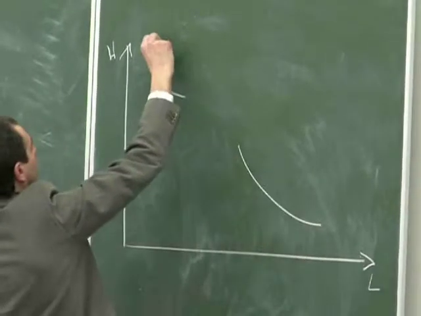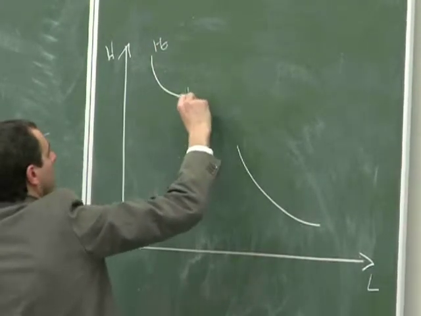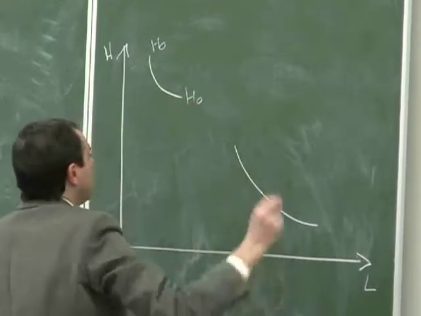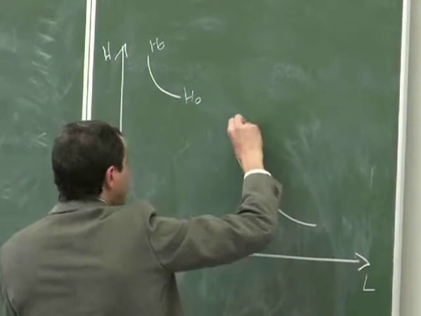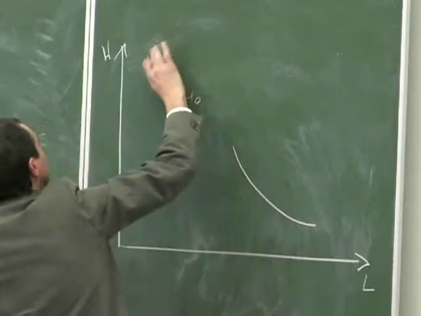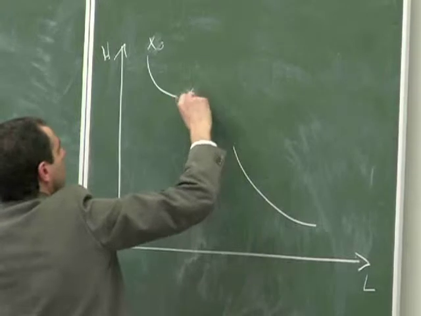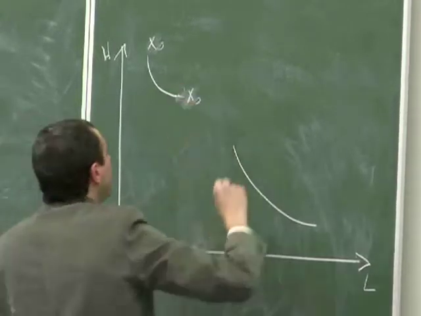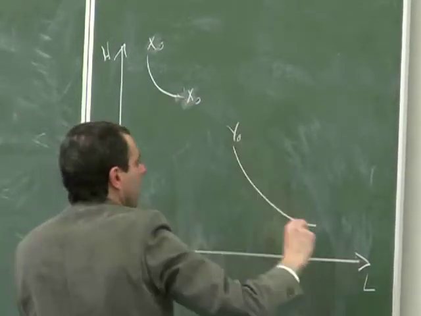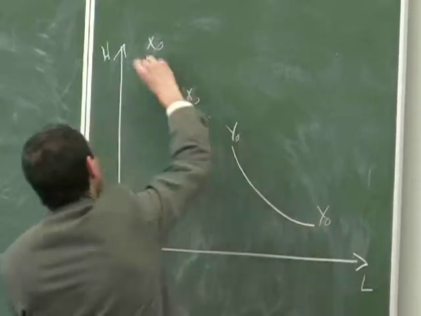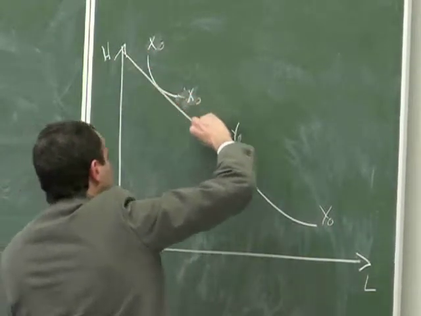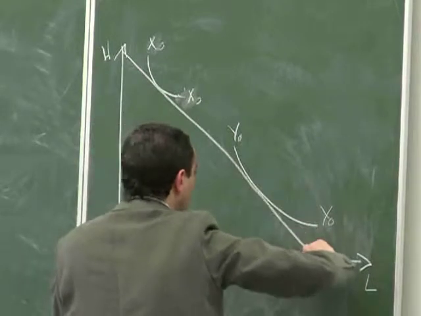This would be X0, and this is going to be Y0. And then we're going to have some initial wage ratio.